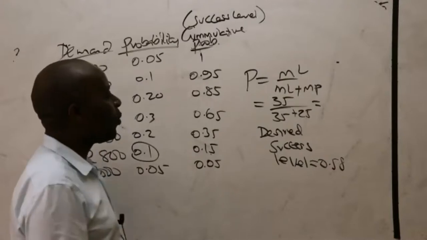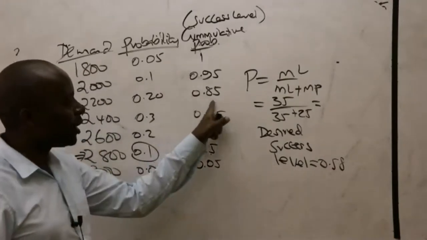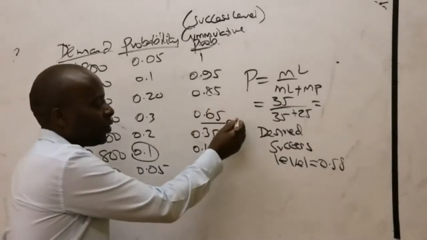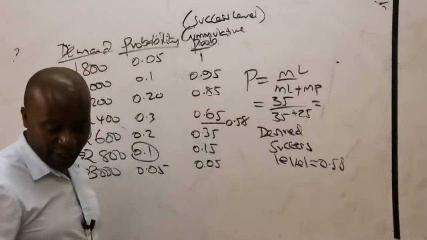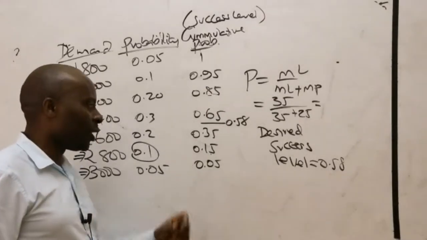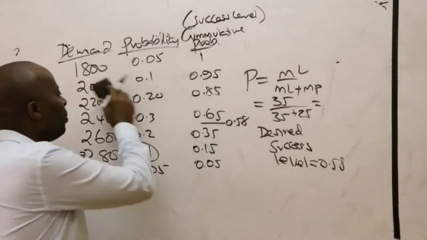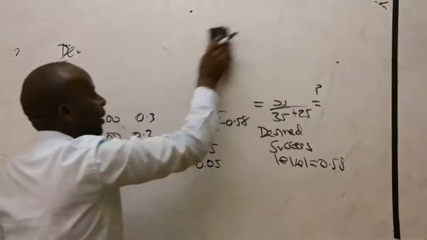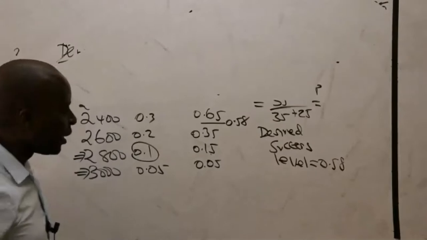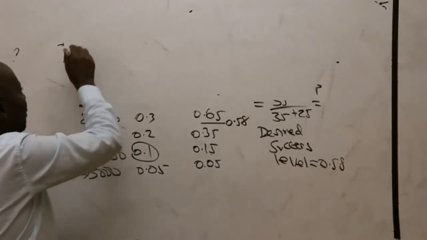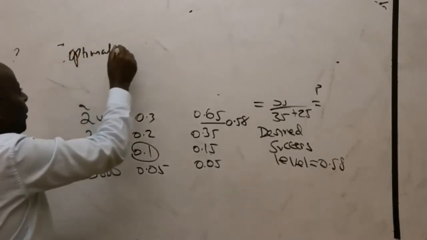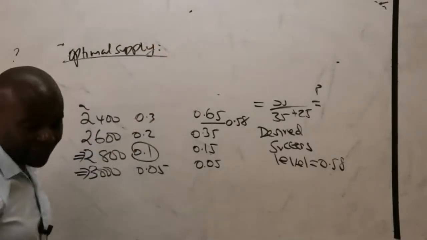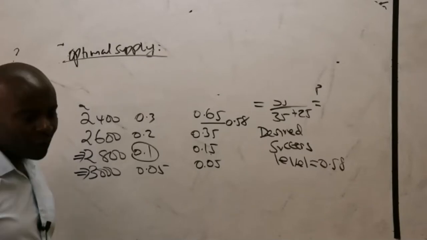So remember, where is our 0.58? Of course, it's not in between here. Our 0.58 will be found here. Meaning that to be very precise, our optimal supply will be equal to what here?